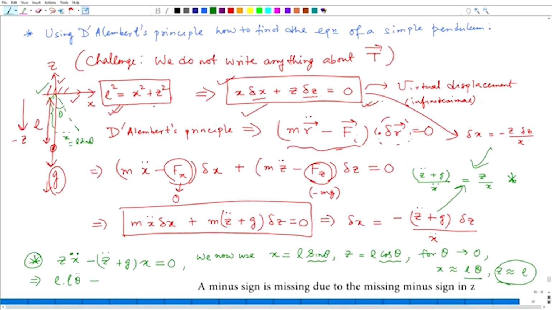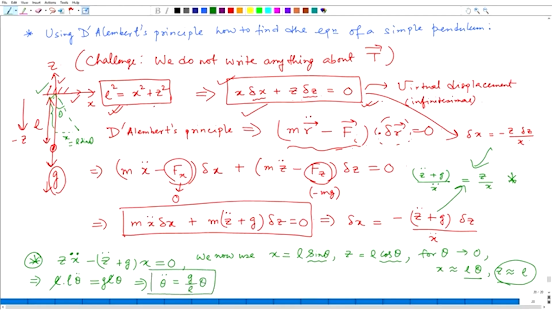So, I can write this equal to L theta times g. Now, one L will go away, you will have theta double dot equal to minus g by L theta. Now, you can see this is the famous and popular form of simple pendulum for very small theta angle.